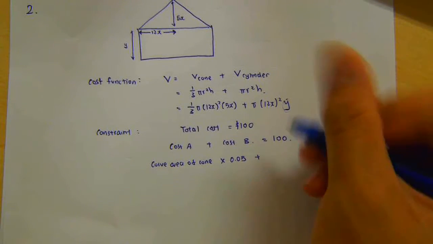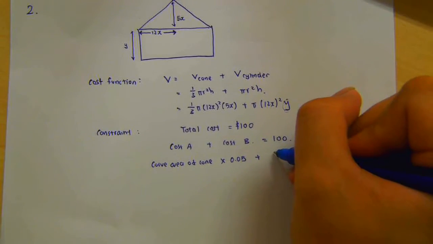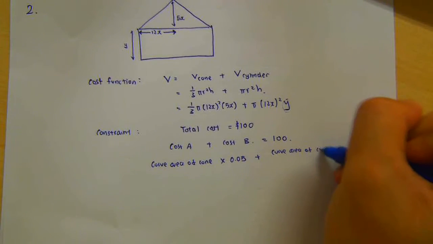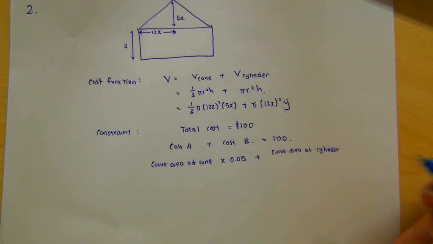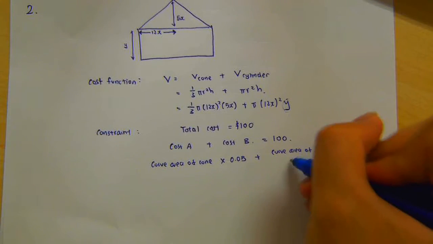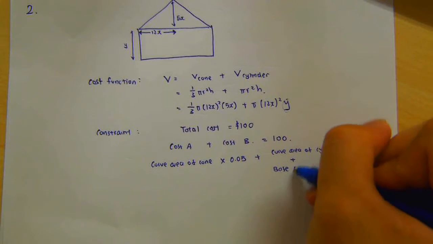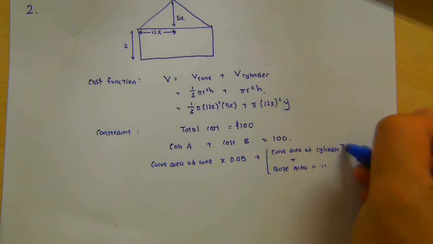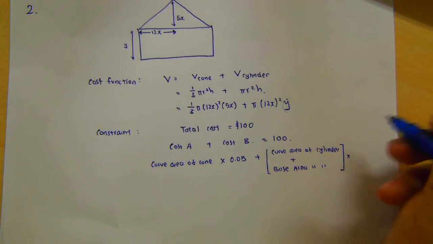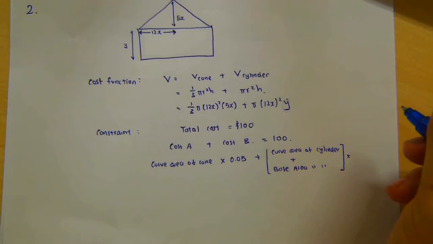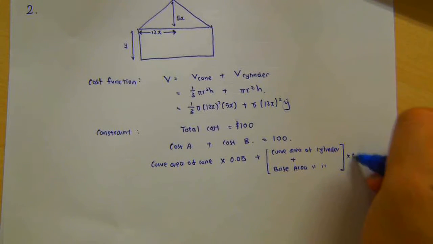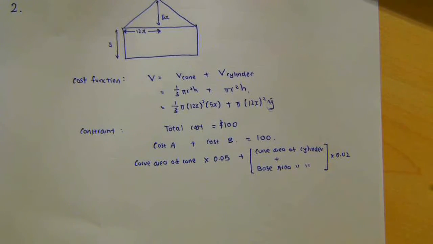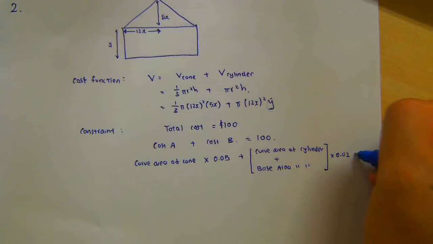Cost B is made up of the curved area of the cylinder plus the base area, and the cost of painting this is $0.02 per centimeter square. These two components will add up to our $100.